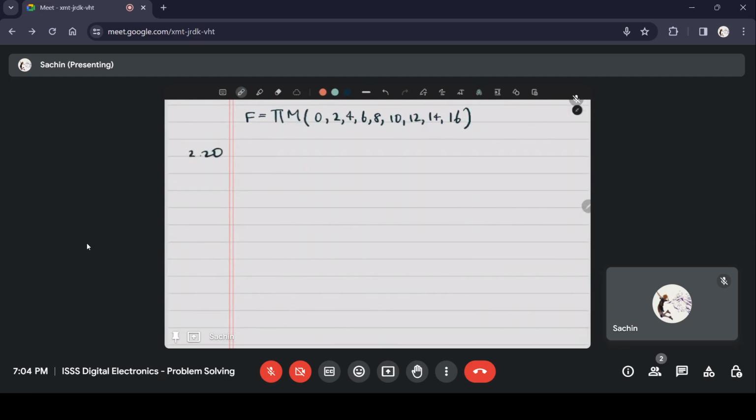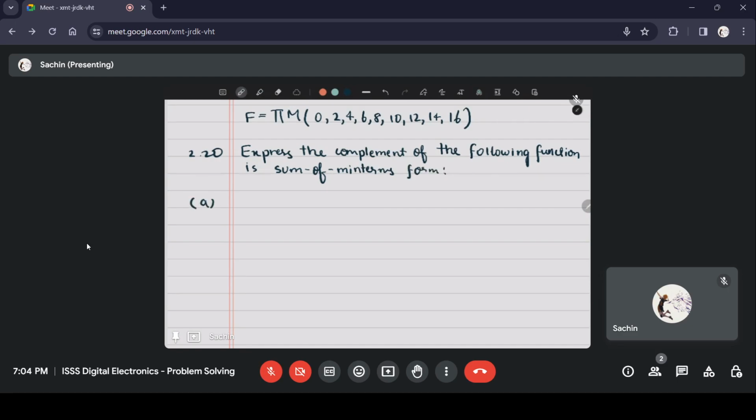We'll go to question 2.20. Express the complement of the following functions in sum of minterms form.